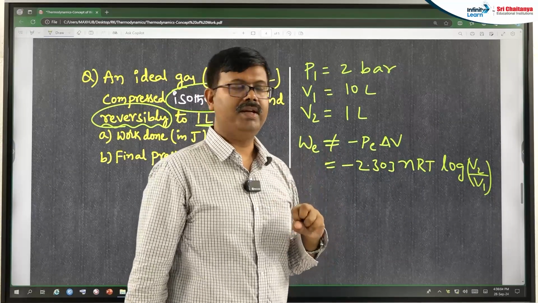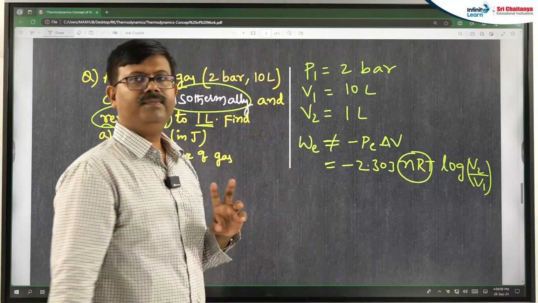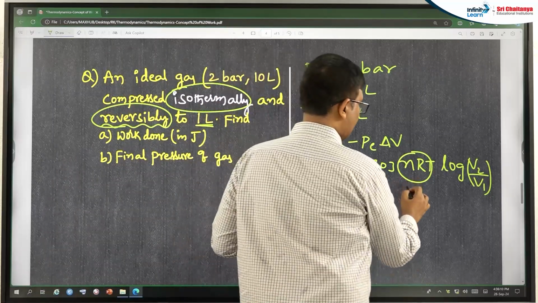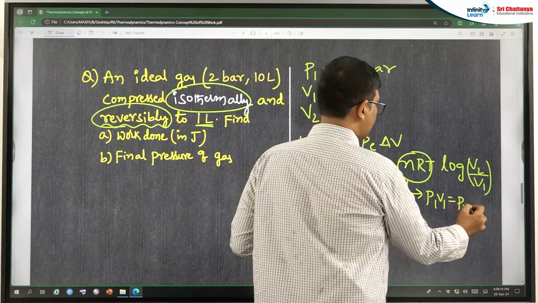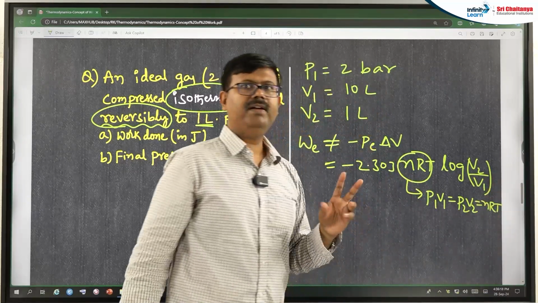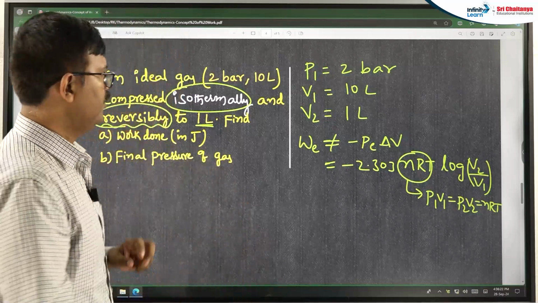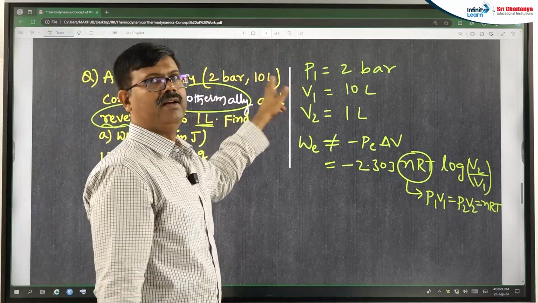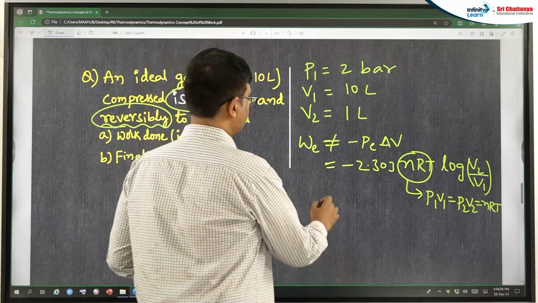Then how to proceed? See, since it is isothermal, we can write P1 V1 is equal to P2 V2, and that is equal to nRT. P1 V1, P2 V2 and nRT are all the same only in isothermal. So we know P1 and V1, so we can replace nRT with P1 V1.